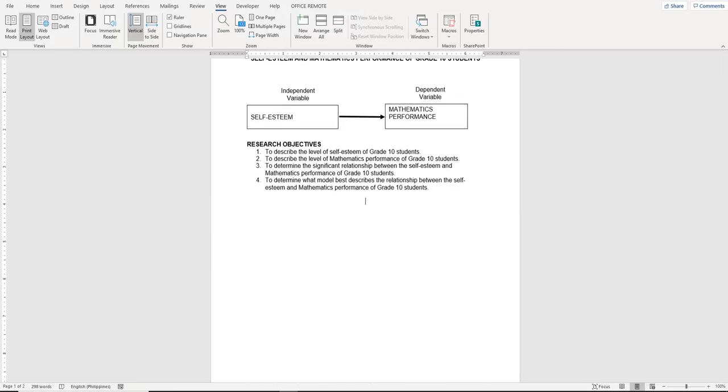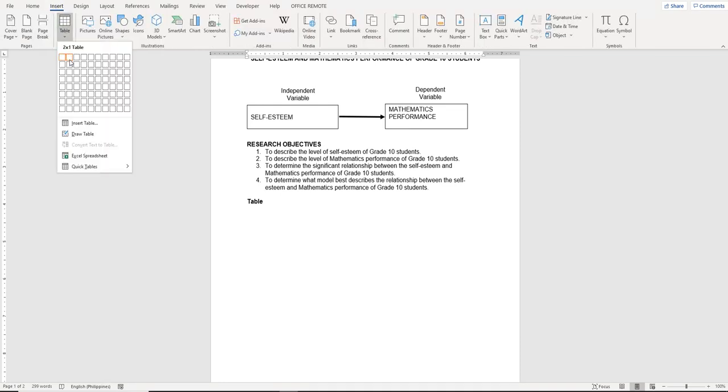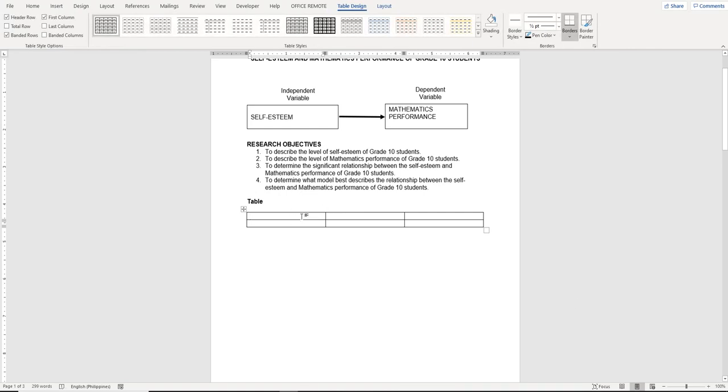For the table, we have the table for the variable, the mean, and the level. In this case, we only have one. We have 3 by 2.